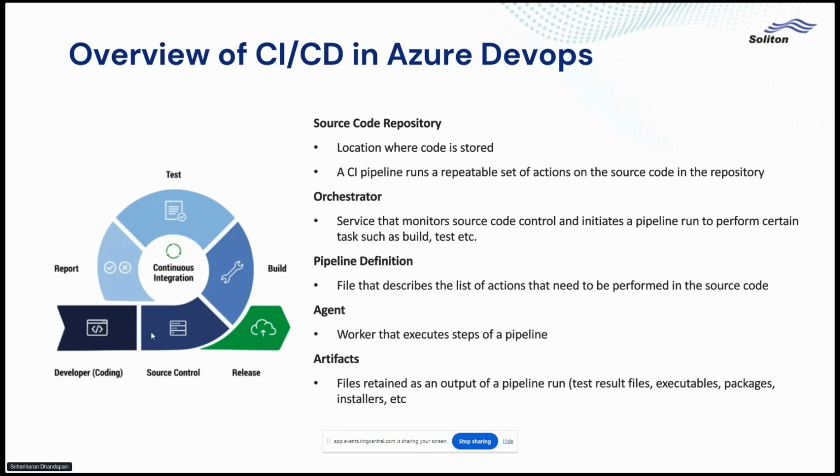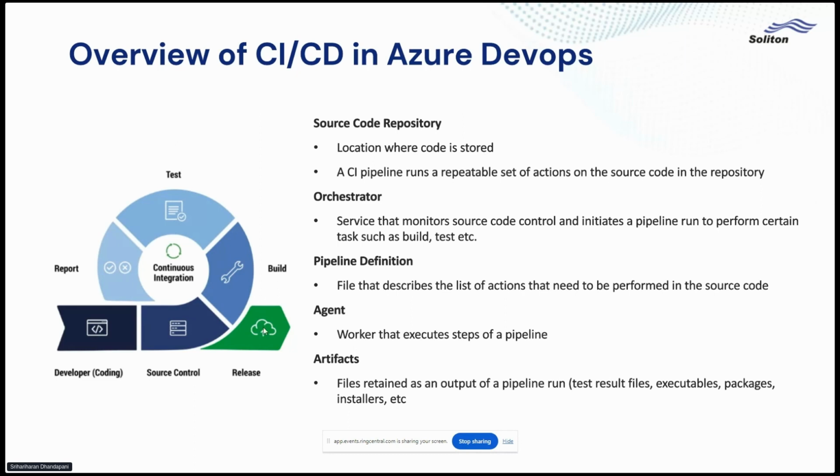We have a source code control where the code is hosted. The developer accesses the source code and makes the necessary changes, and once all the changes are made, we build the application, test the application, analyze the reports that have been formed, and then we release, right?